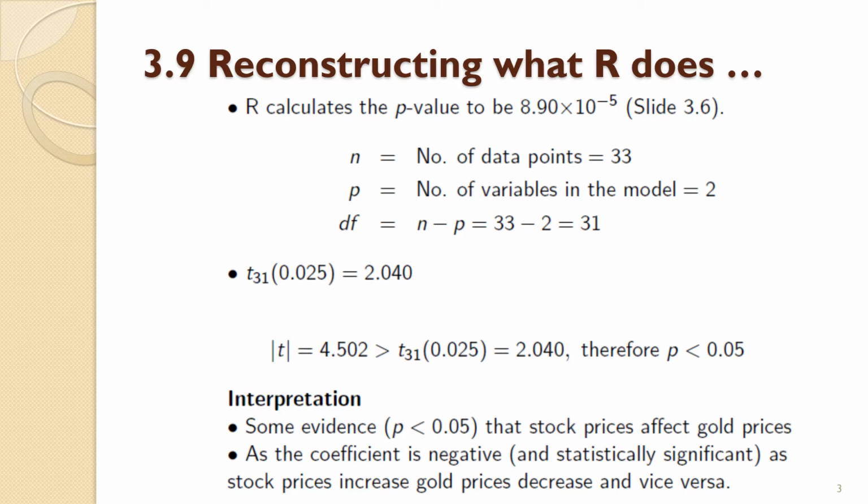If you do this correctly, the inequality signs point the other way, so p is less than 0.05. That tells you there is some evidence, and as the coefficient is negative, as we've just seen, the effect is a decrease.